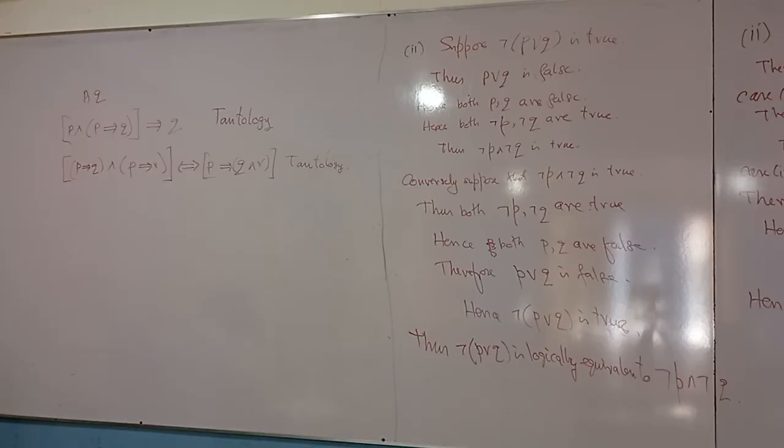Can there be a simplest form for a tautology? For three statements, that is true, and there are many more tautologies with three variables.